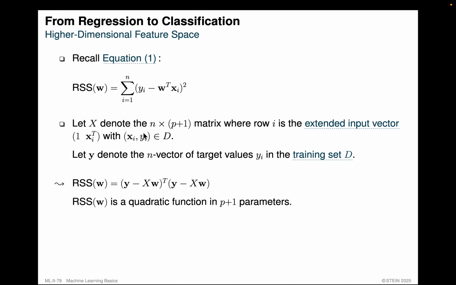Yeah, okay, so we will translate this to a vector notation here, simply to make it more amenable for solving the equation that we see later. So all that we see here is that the matrix X is an n times p plus 1 matrix, which gives us all the n feature vectors, which in its rows will have the extended feature vectors, and in its columns the features themselves.